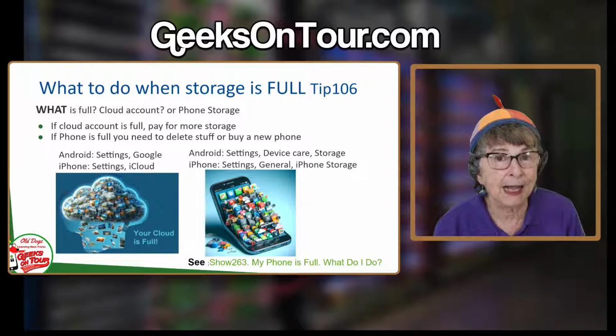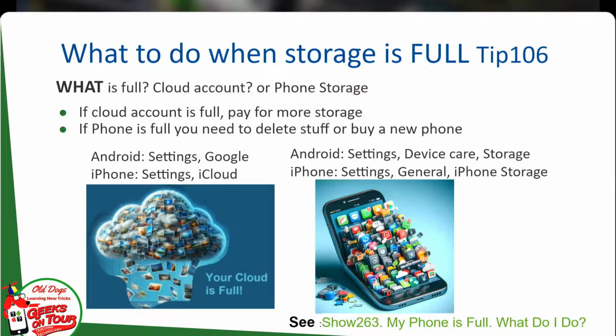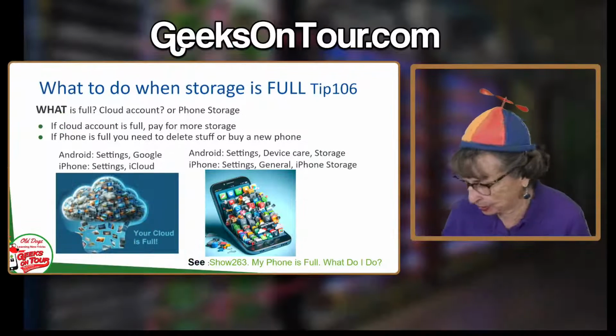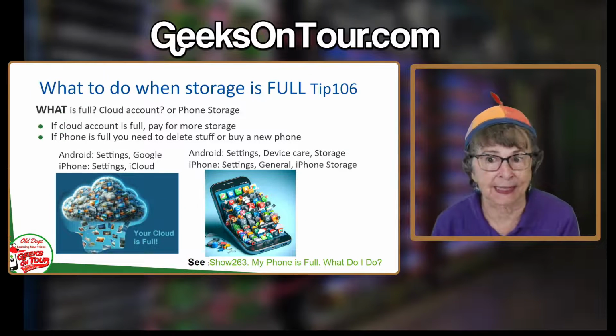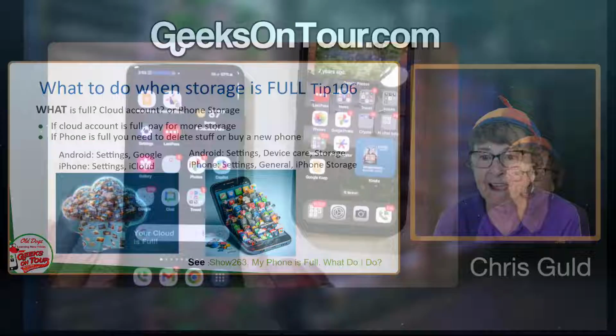The way you find out is by looking at your cloud storage settings. On the Android, you go to Settings and Google, and it will show you right there what you have in your cloud storage. And on the iPhone, it's Settings and iCloud. Let me show you that.